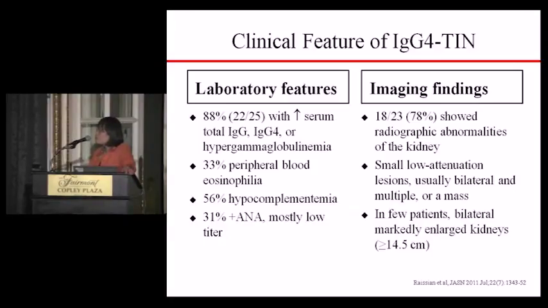Also, 30% of patients have ANA positive. Another feature of this condition, again other than aristolochic acid nephropathy, is that in addition to radiological abnormality of the kidney, these patients potentially have asymmetrical kidney size. Okay.